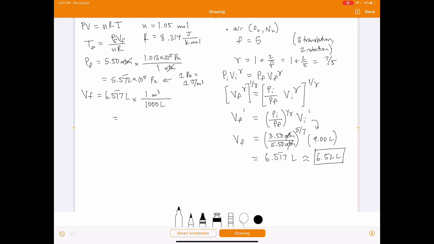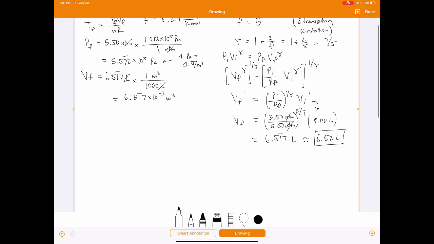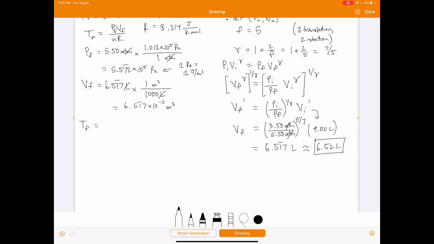So what we have for our final volume is 6.517 times 10 to the minus 3 cubic meters, because of course the liters cancel out in that unit conversion. So T final is, we're going to plug in using this expression.